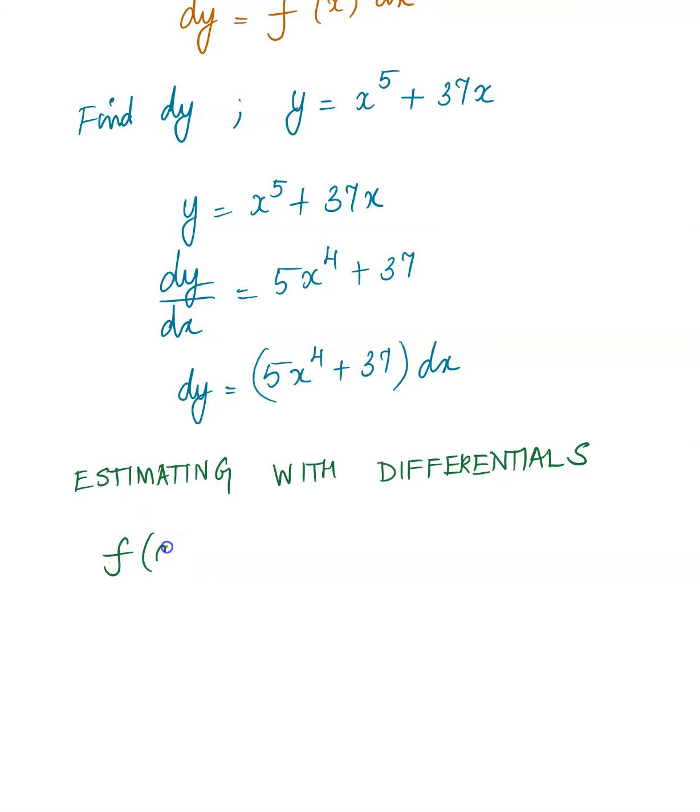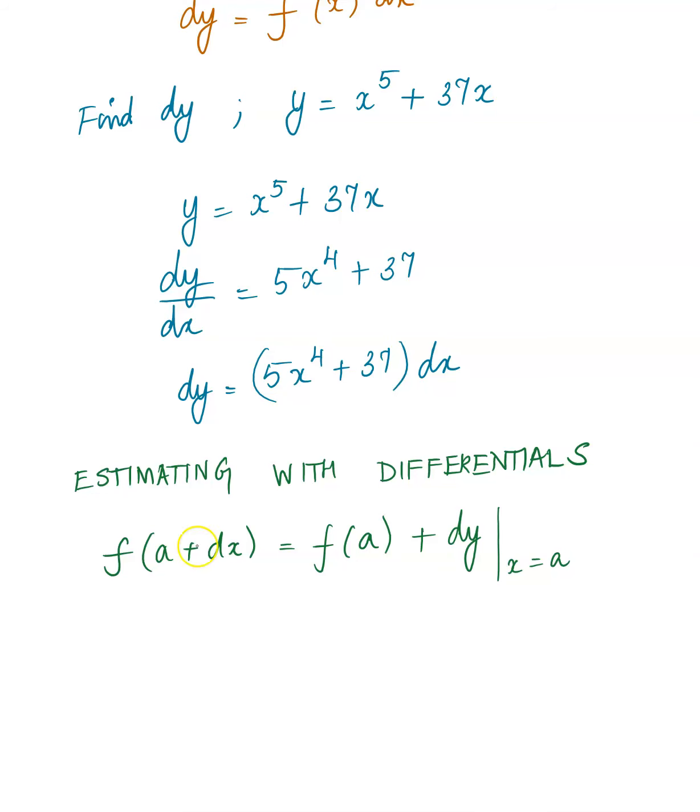So if I had a small change to a value, where a is a particular x value, x equals a, and that a is slightly changed by a small quantity dx, we're saying, because of the way they behave, this will be like f of a, the function at that point a, plus the differential dy at x equals a.